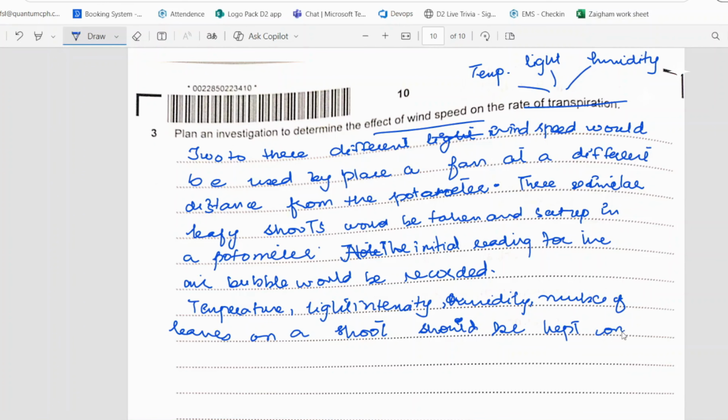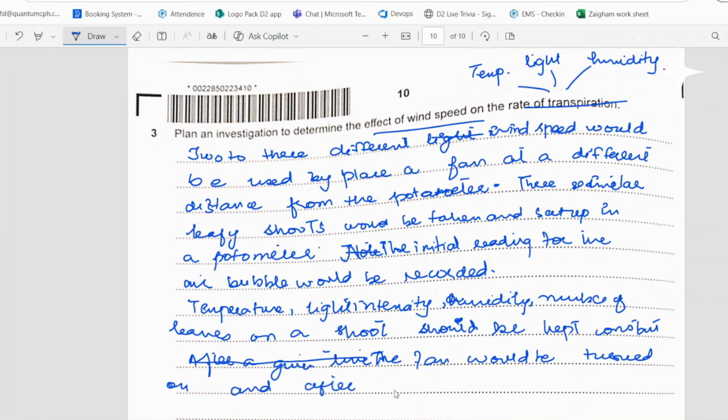Okay, now the fan would be turned on, and after a given time the distance traveled by the air bubble would be recorded.